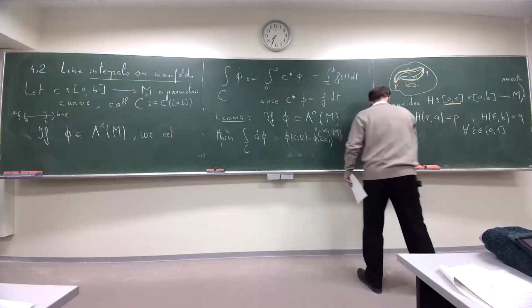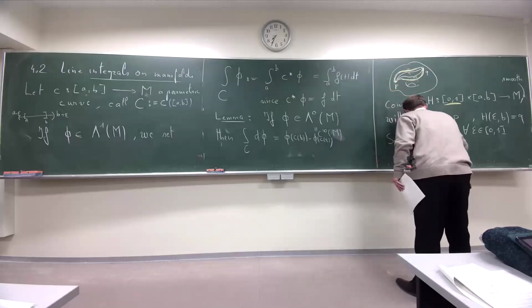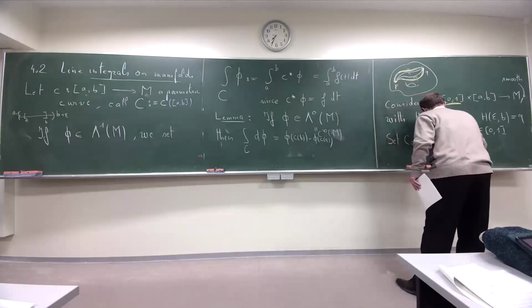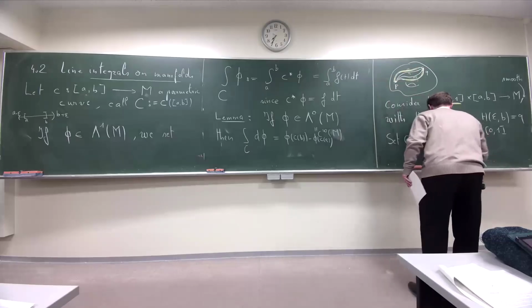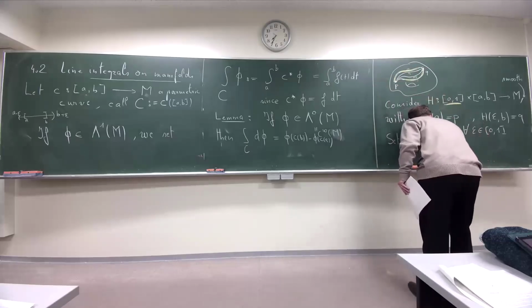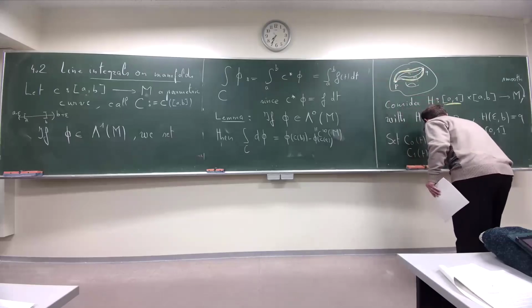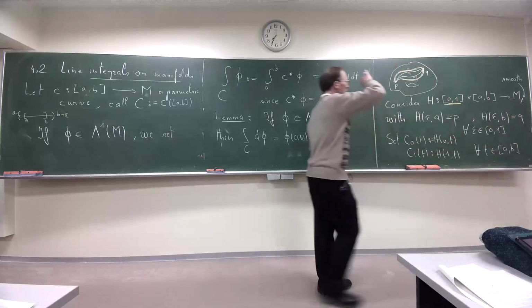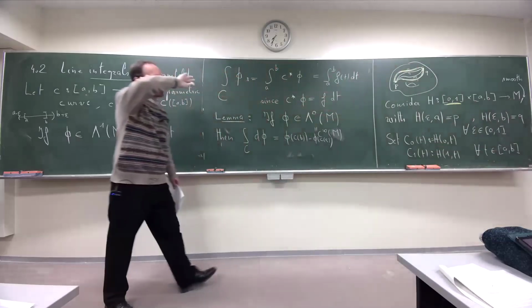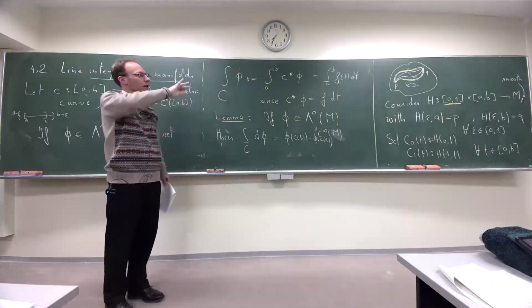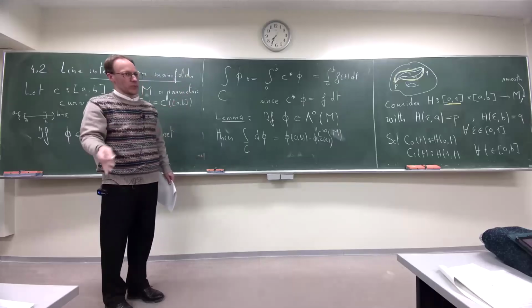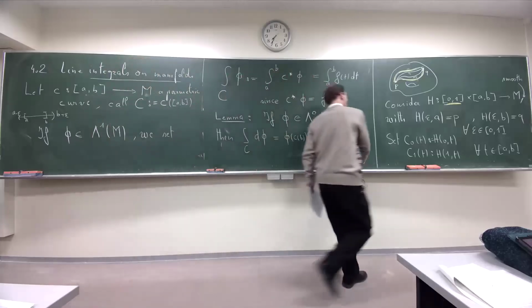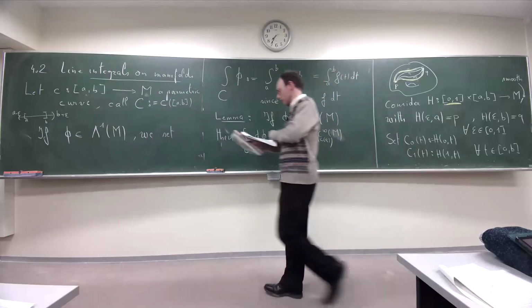So I set C0 of t, which is going to be H of 0 t, and C1 of t, which is going to be H1 t, for any t in [A, B]. So what I'm doing, it's a complicated way to say I'm considering a family of curves that can be smoothly transformed into the other one. Or each one can be transformed into another one.